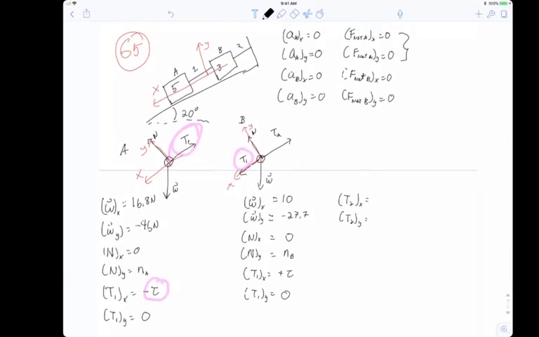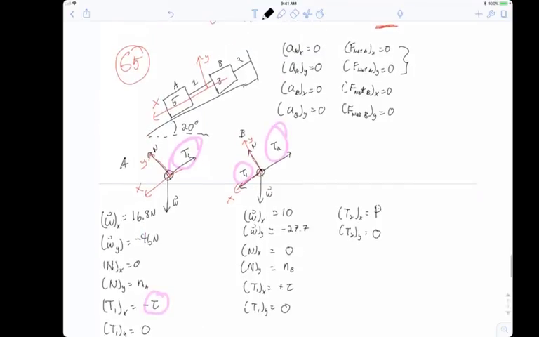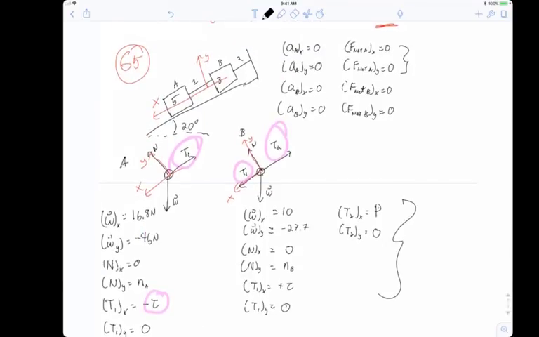0. Similarly, I don't know anything about this one. So in the y direction it's 0. In the x direction it's, how about if I call it P for pull. Okay, now I'm going to put all these together with these.